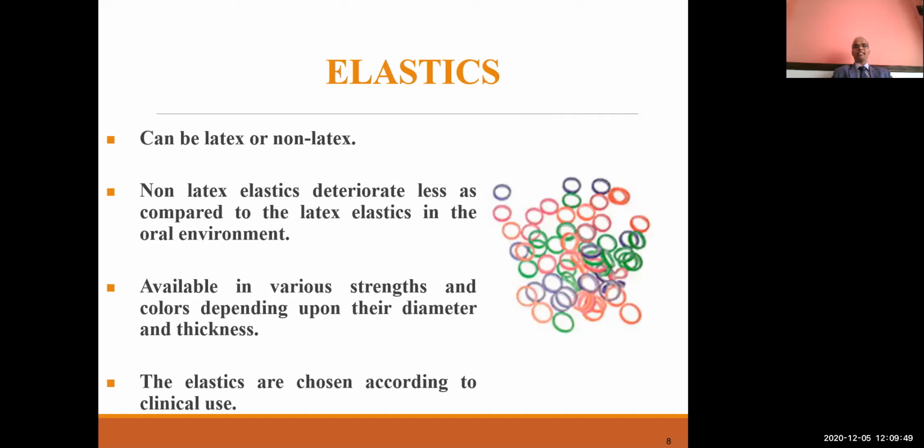Next component is elastics. Elastics can be latex or non-latex. The non-latex elastics deteriorate less as compared to latex elastics in the oral environment. They are available in various strengths and colors depending upon their diameter and thickness. The elastics are chosen according to the clinical use.